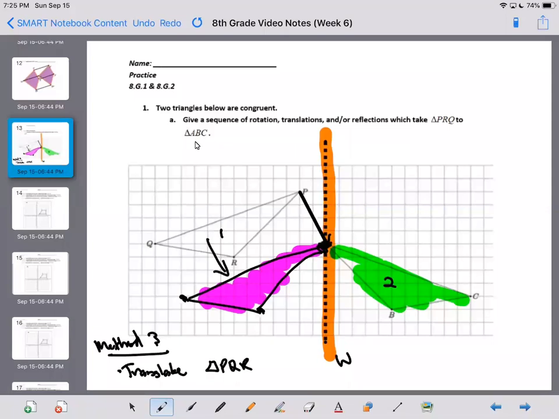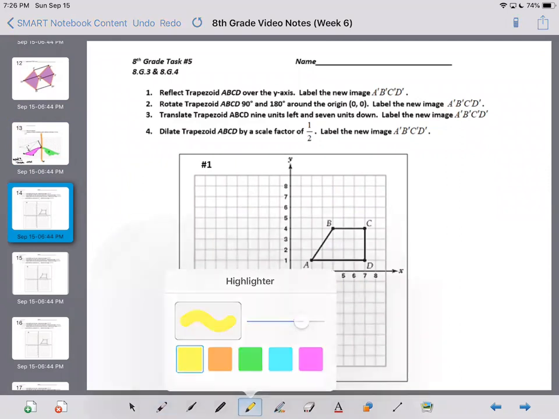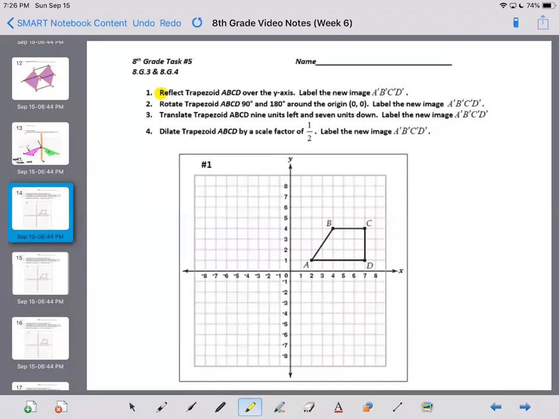All right, so let's switch gears and let's look at task 5, where we're going to take one shape. This is trapezoid ABCD. We're going to take that pre-image and we're going to apply 4 different transformations. So you can see on 1, we're going to reflect this over the y-axis, and then we're going to label it as a new image, A prime, B prime, C prime, D prime.